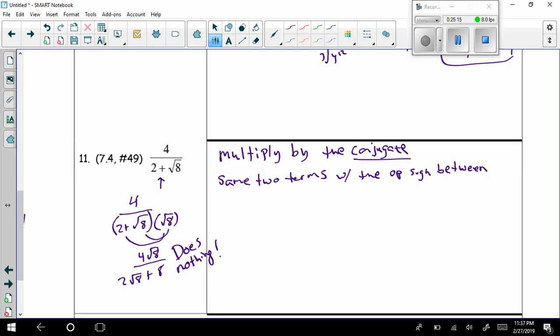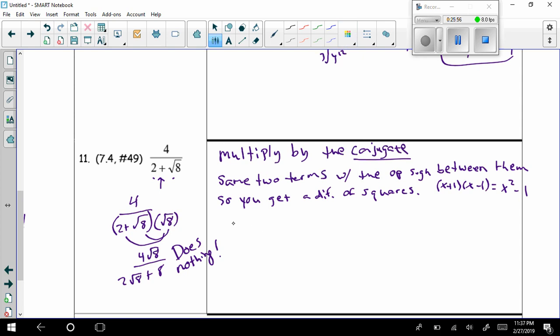That doesn't do any good either. So you get a difference of squares. So you remember your difference of squares pattern. If you have x plus 1 times x minus 1, that's equal to x squared minus 1, where they're both perfect squares. Well, if both of these end up perfect squares, there's no more radical, because when you square a square root, it goes away.